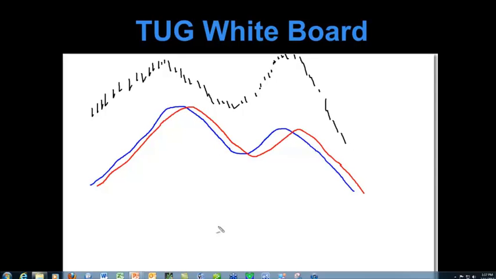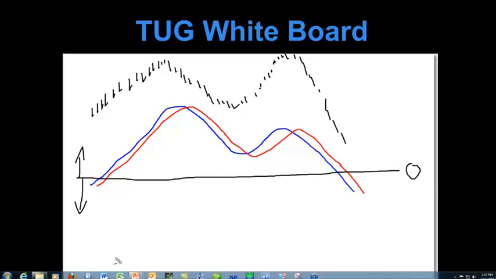So now, this is bearish divergence, and we'll call this the 0 line on the MACD. When you are north of the 0 line, you can only have bearish divergence, the way it's defined by me. When you're south of the 0 line, you can have bullish divergence. So it'd be just the mirror image of this flipped over the other way.